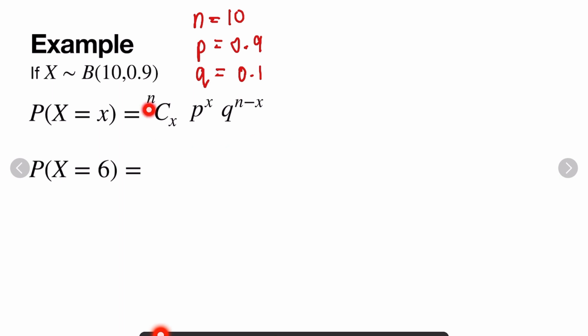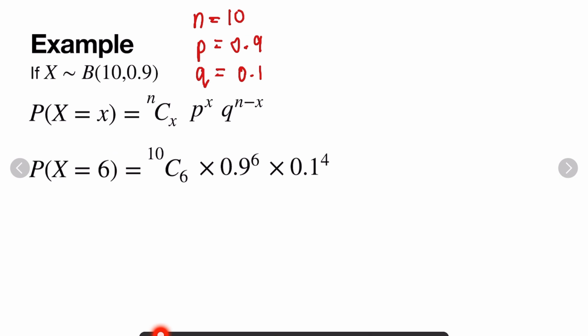So N, which is 10, C, 6, this is X. P is 0.9 to the power of X, which is 6, Q 0.1, mana datang 4 ni? N minus X, what is N? 10, what is X? 6, so 10 minus 6 is 4.